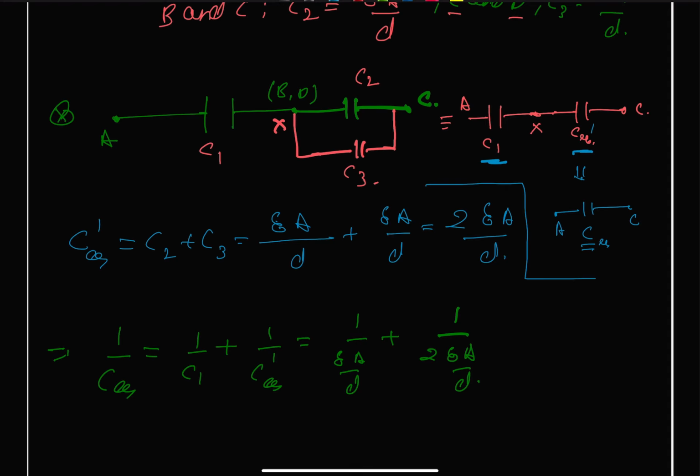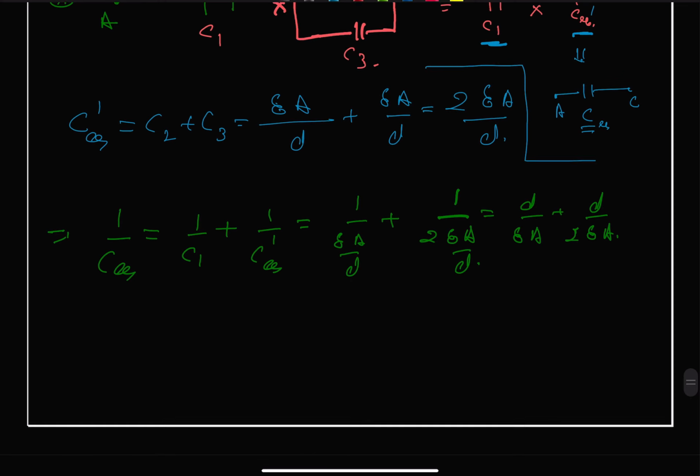We can take D upon epsilon naught A as common, or just add them. We get 1 upon C equivalent is equal to 1 plus 1 by 2, which comes as 3 by 2.